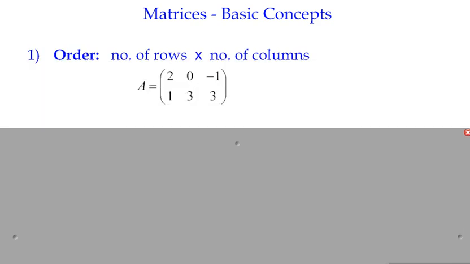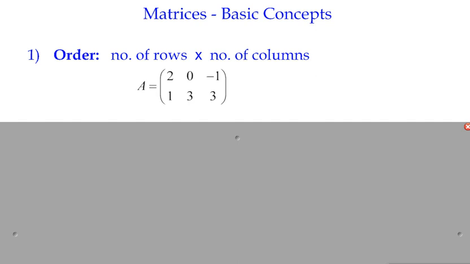So first of all, a matrix, as was said, is a group of numbers usually arranged in rows and columns, and matrices are usually given capital letter names. So in this first part here, we've got the matrix A, and what we have to learn here is that we have something called the order of a matrix, and that's determined by how many rows it has and how many columns it has.